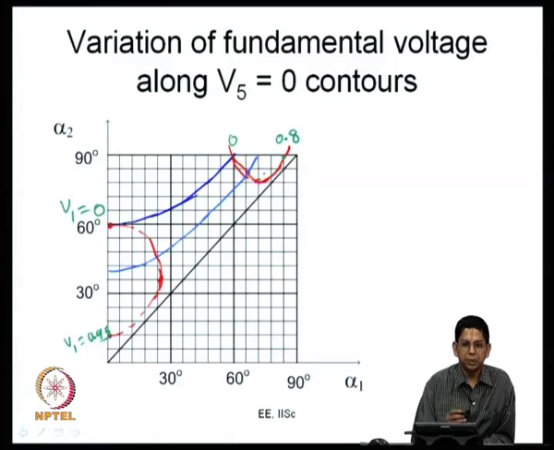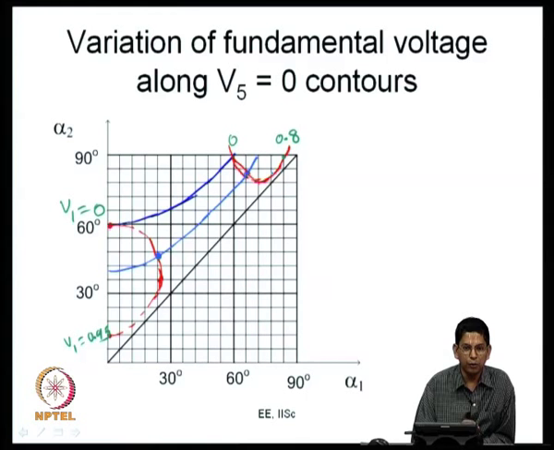This curve, V1 equal to 0.4 or whatever, intersects this V phi equal to 0 contour and it also intersects the other V phi equal to 0 contour. So, it has two different solutions now. Up to what range? From 0 to 0.8, there are two different solutions possible, because any V1 equal to constant contour where V1 is anywhere between 0 and 0.8 will intersect both this curve as well as that curve.